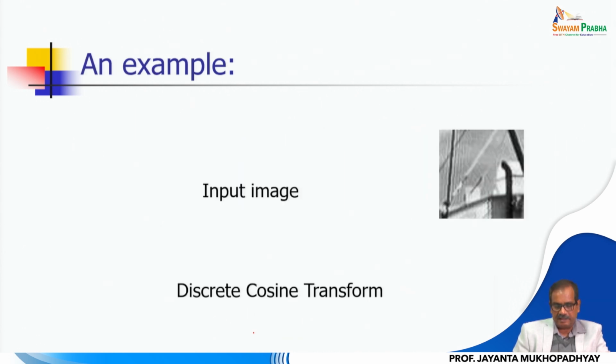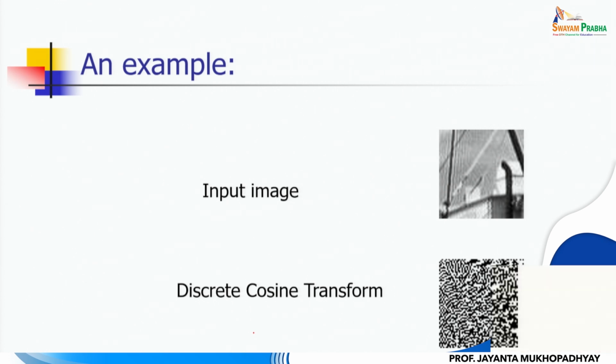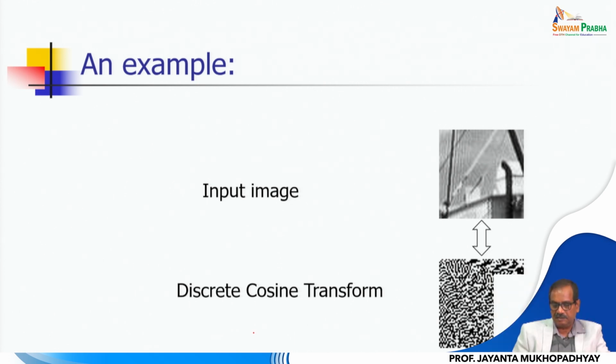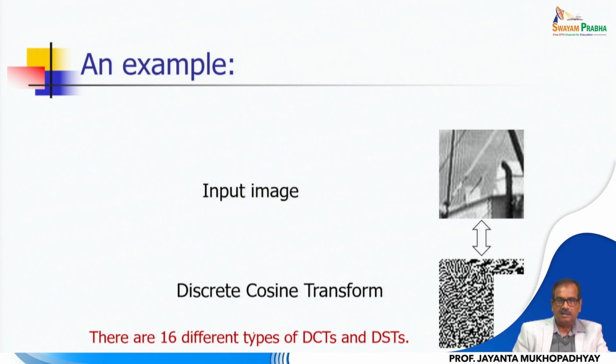So, this is the example of the discrete cosine transform. Here the advantage is that you can simply use the real values of the transformation. There is no imaginary part, so you can show it by one component only. And there are 16 different types of DCTs and DSTs, as I mentioned.